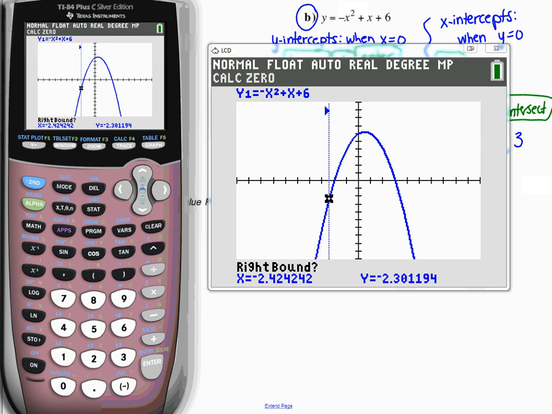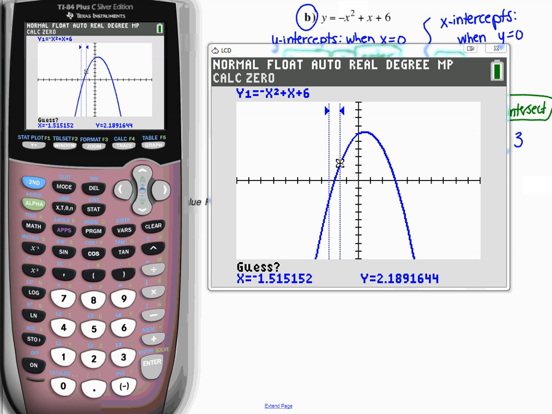You might just get an arrow, you might not get the dotted line. Then it says right bound. So now it wants me to go to the right side of the x-intercept and push enter. So what I'm telling my calculator is find the x-intercept between these 2 points. Where does it cross the x-axis between these 2 points?